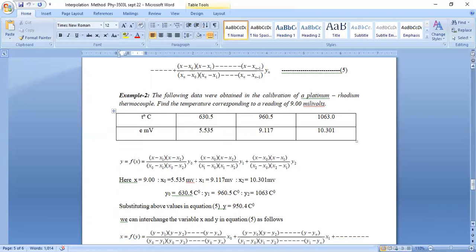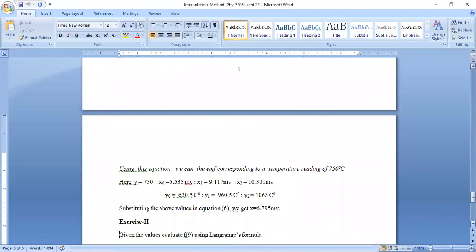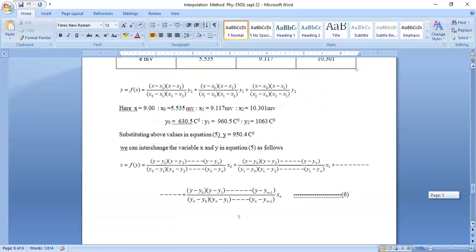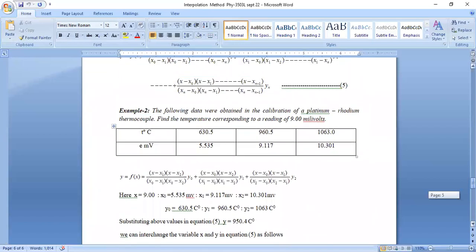So you have to use Lagrange's interpolation formula for unequal intervals, because look at the interval which is given. If you take this value of X, this is 5.535, then 9.117, then 10.30.